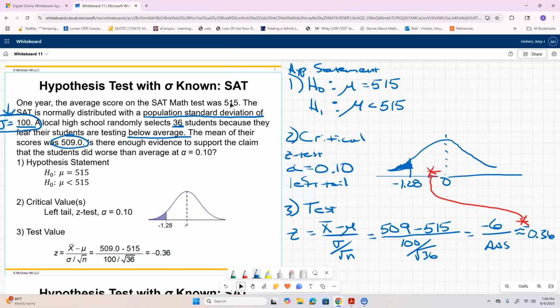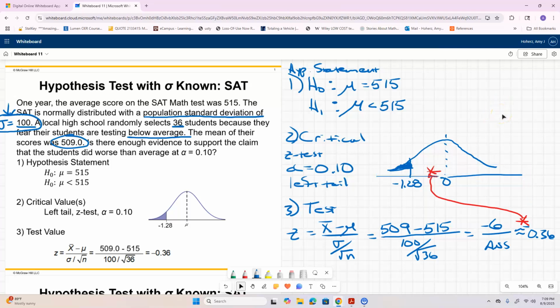It's just the difference between a sample and the population. A sample can vary slightly. And in this case, by having a negative 0.36 Z for our test score, that means, yeah, it was slightly below the average, but not so much that it's unexpected from a sample.